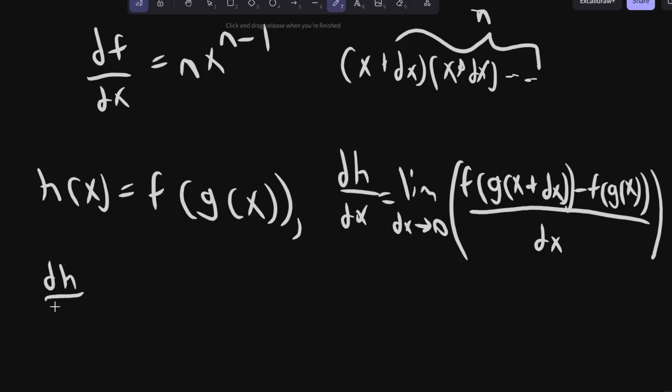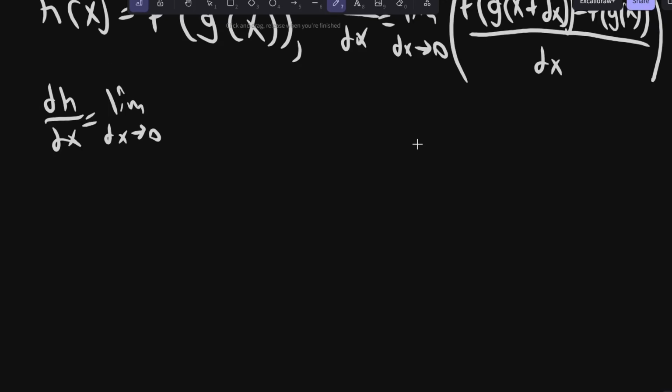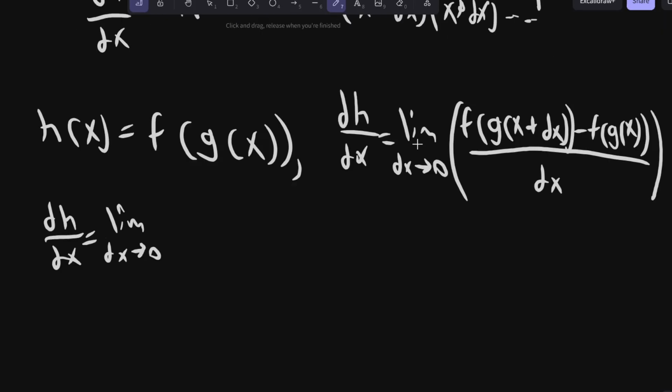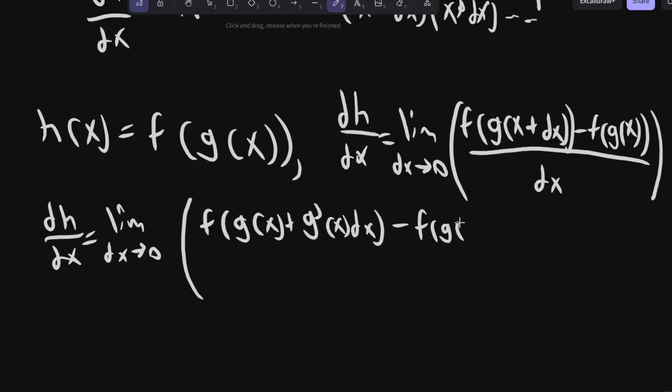So dh dx is equal to the limit as dx approaches 0 of f of g of x plus g prime of x dx, minus f of g of x. Now it seems we're a bit stuck, but not quite, okay?